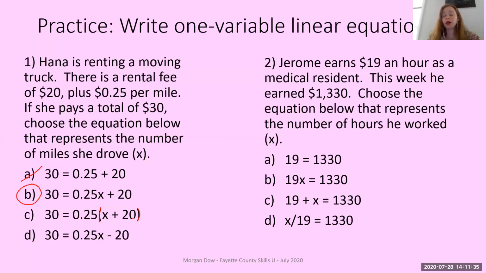Now, I don't know about you, but I'm not really sure how I would take miles and add it to dollars, right? Miles and dollars are two different things. We can't really combine them together into one thing, right?